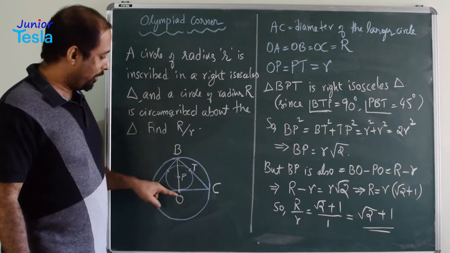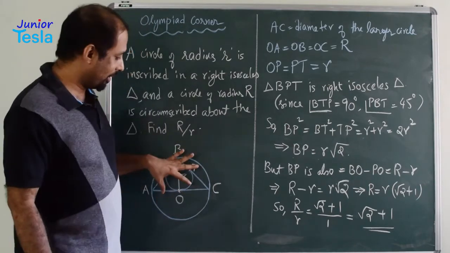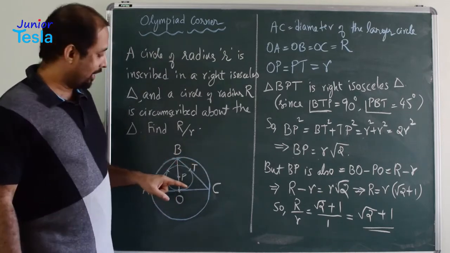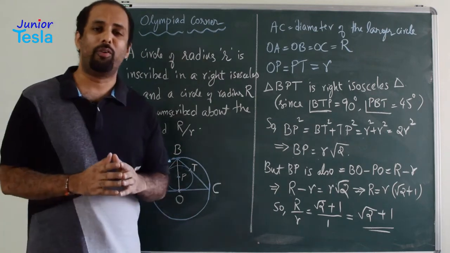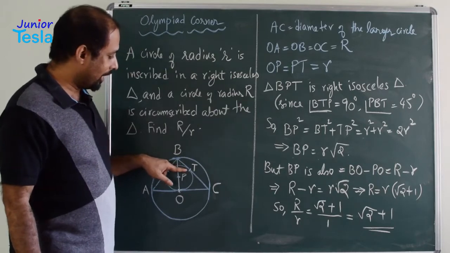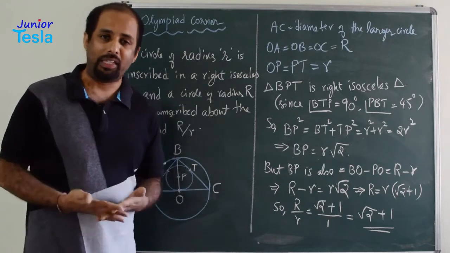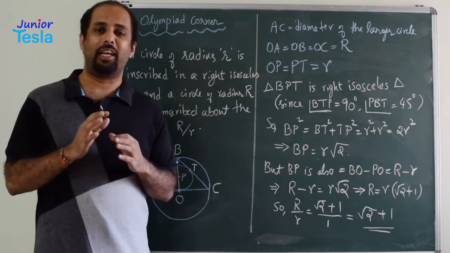Why? BO is the median, it is an altitude for the larger triangle, and also it is the angular bisector for the larger triangle. Therefore this particular angle, that is OBC, will be equal to 45 degrees. So one angle is 45 degrees, another angle is 90 degrees, so definitely the third angle should be 45 degrees, which means that triangle BTP should be an isosceles right angle triangle.